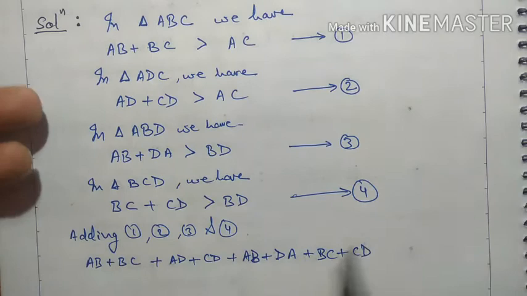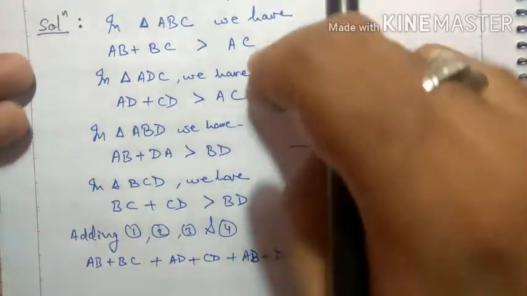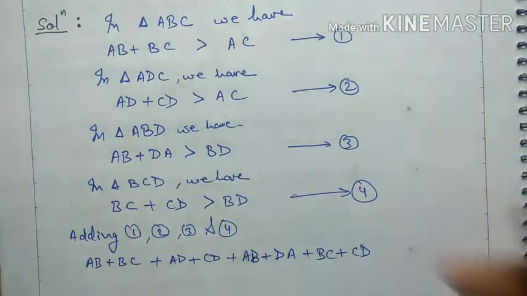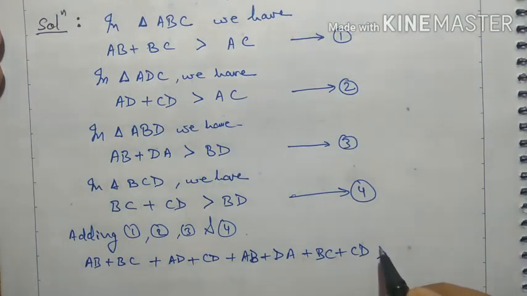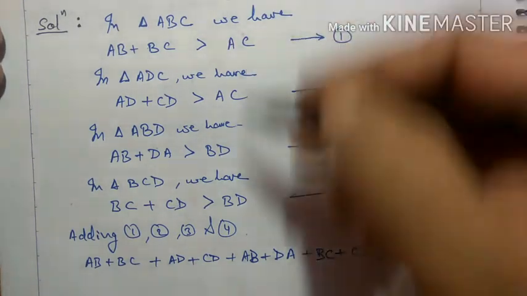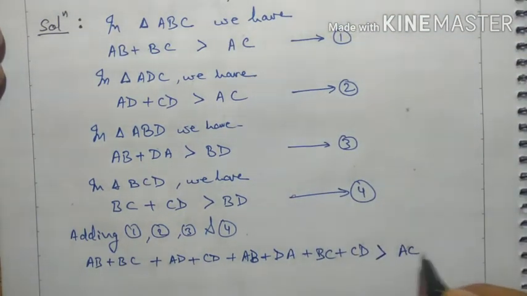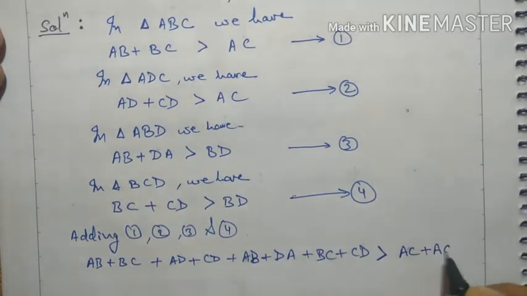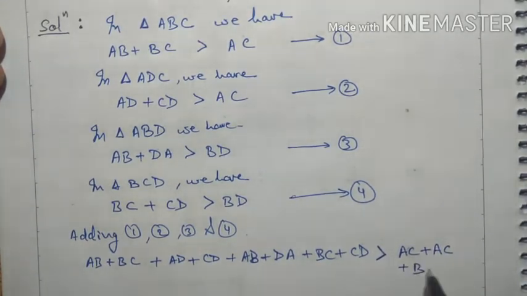Okay, so all these sums must be greater than the sums of RHS, that is AC plus AC plus BD plus BD.